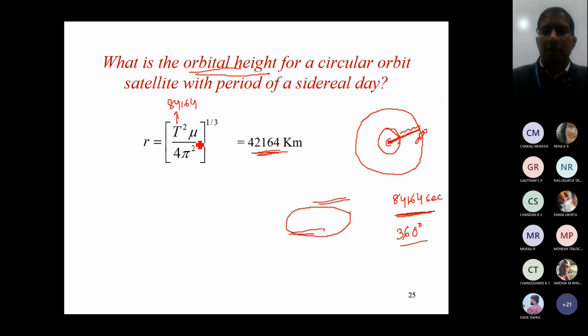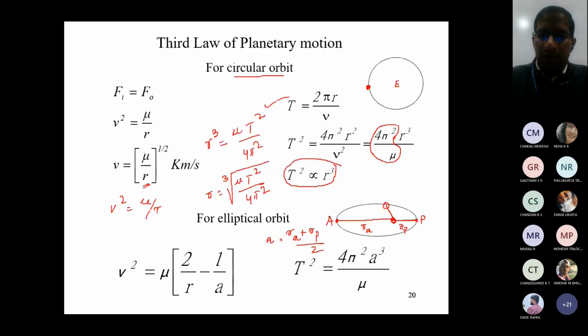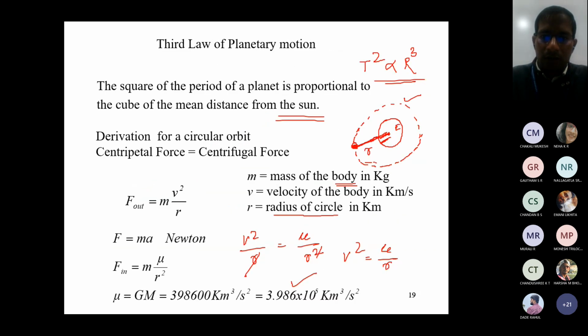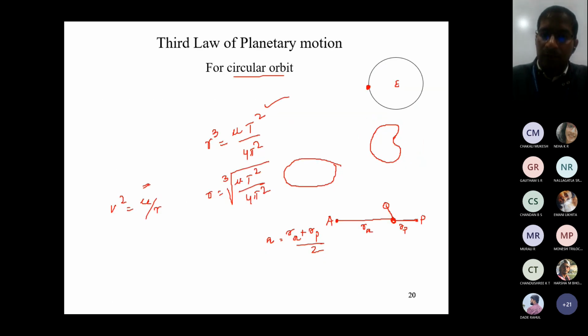You can easily calculate it, and it comes to around 42,164 kilometers. Keep in mind that when we calculate this R value, as I told you in the very beginning, R is always the distance from the center of the Earth to the orbit. That means we are including the radius of the Earth. Don't make a mistake.